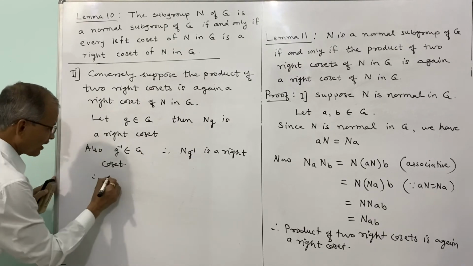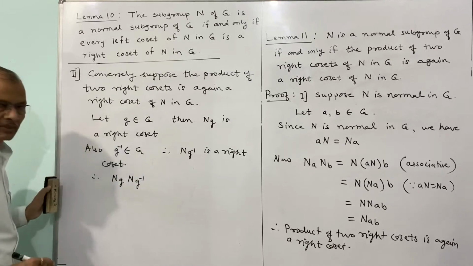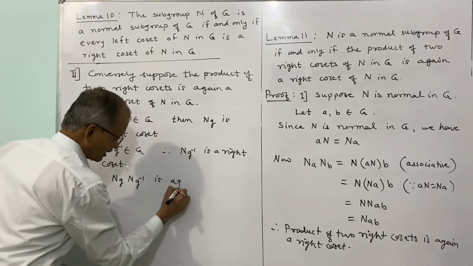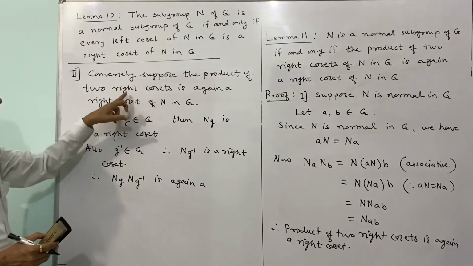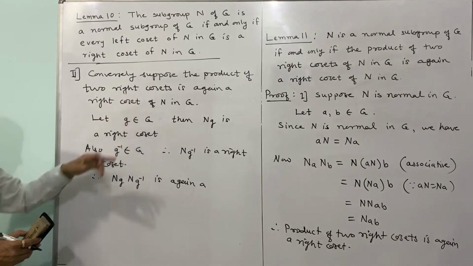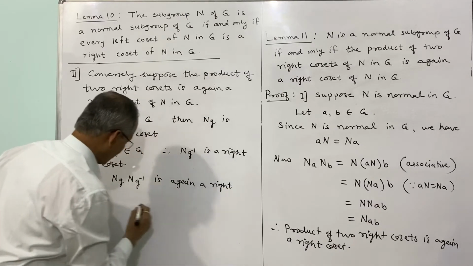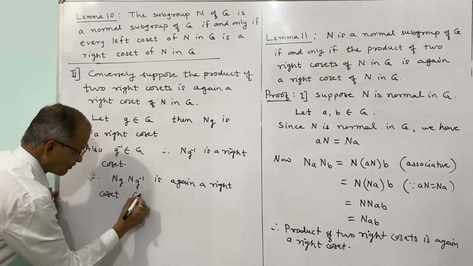Therefore, Ng into Ng inverse is again a right coset by hypothesis, because what we assumed is that the product of two right cosets is a right coset.